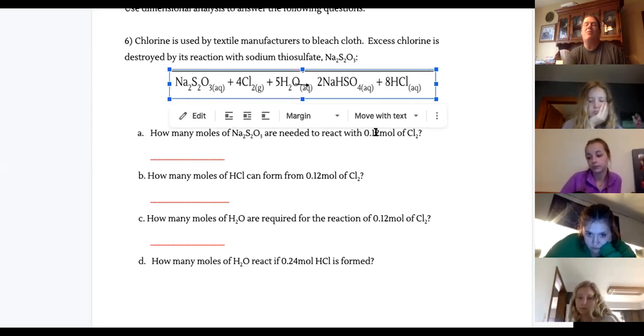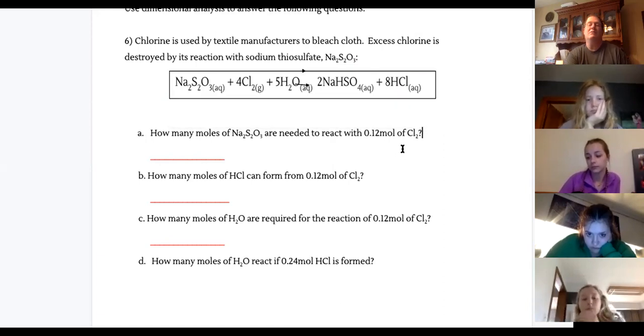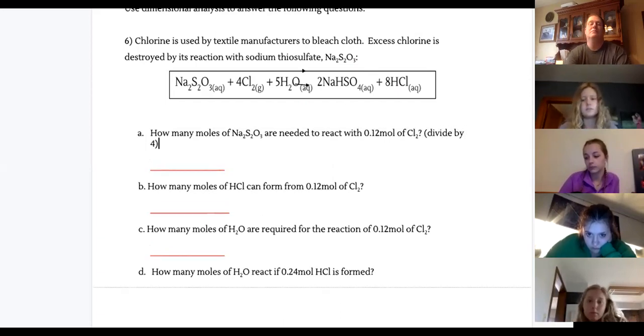So if I have 0.12 moles of chlorine, all I'd have to do is divide it by 4. That's a 1/4 ratio. Here, how many moles of hydrochloric acid can form if I start with 0.12 moles of chlorine? Well, hydrochloric acid, there's 4 to 2, so it's double it. So you'd have to double that.